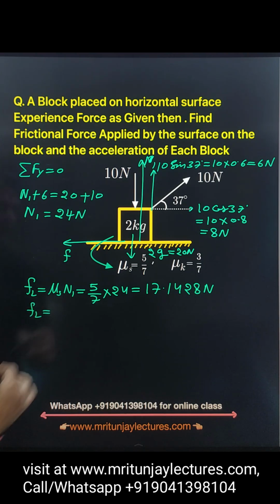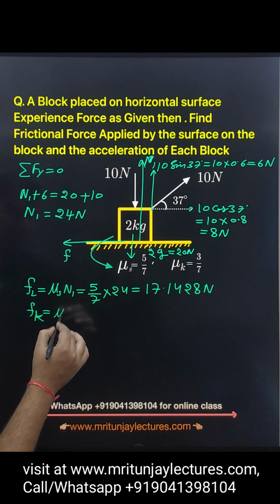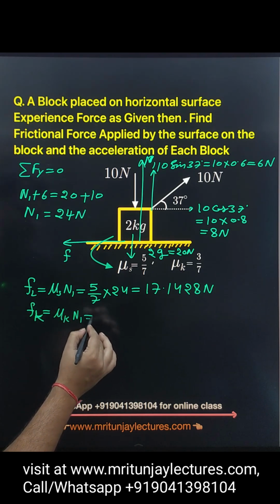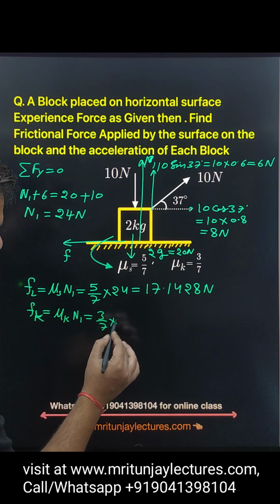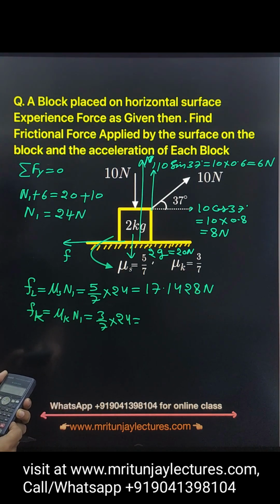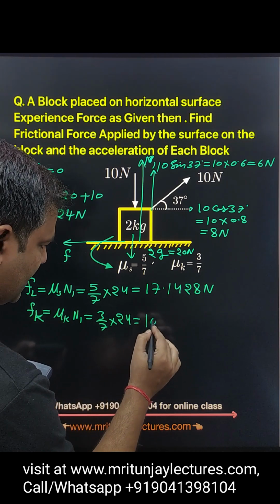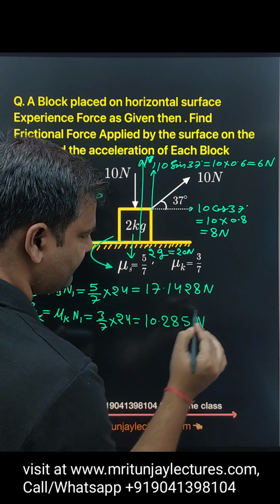The kinetic frictional force is mu k into N1. Mu k is 3 by 7, so 3 by 7 into 24, that is 72 divided by 7, which is 10.285 Newton.